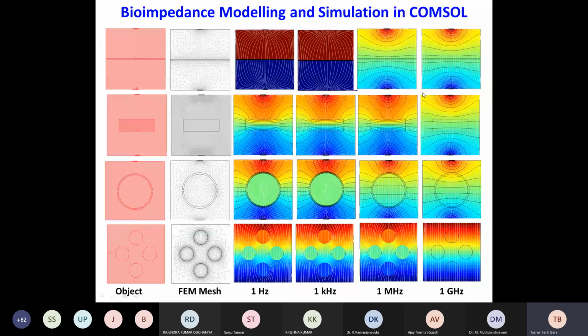That type of study can also be done with a modified cell structure, single cell structure, or multiple cell structure, and we have seen in several examples that if we increase the frequency, the current flux lines are uniform, so the current at that frequency sees one uniform medium where the cell membranes have produced very little impedance. So the impedance of the cells will match the impedance of the extracellular fluid, and the entire medium will become homogeneous at that frequency. But in the real case, it is not homogeneous.